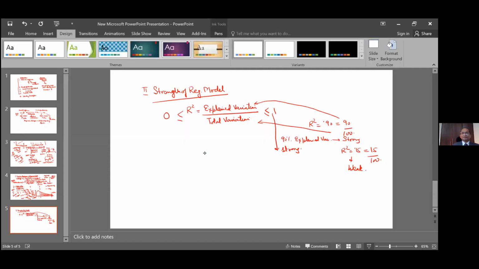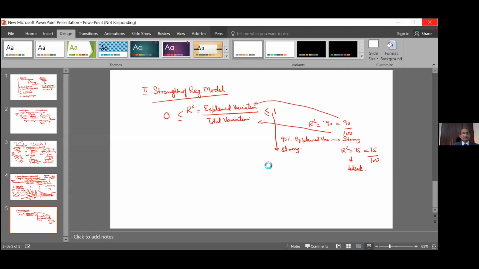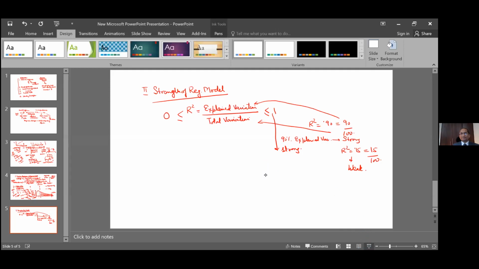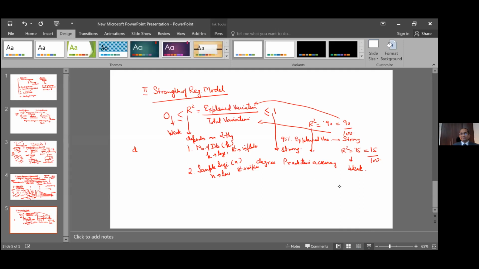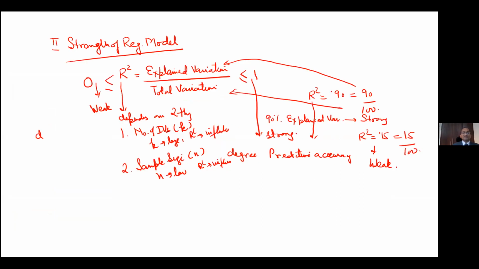So R square has two weaknesses: it is dependent upon the number of predictors and the size of the sample. So this R square is adjusted with respect to the size of sample and number of predictors.